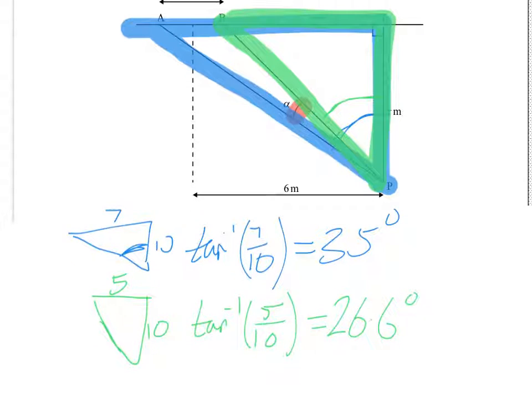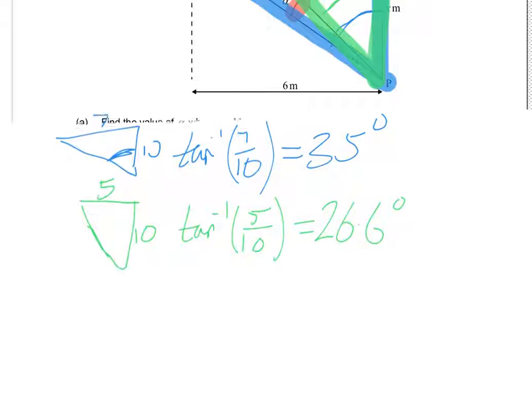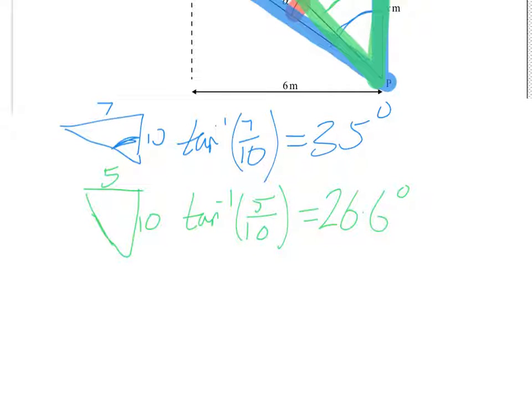Which means that alpha, which was the difference between those two, is equal to 8.43 degrees.